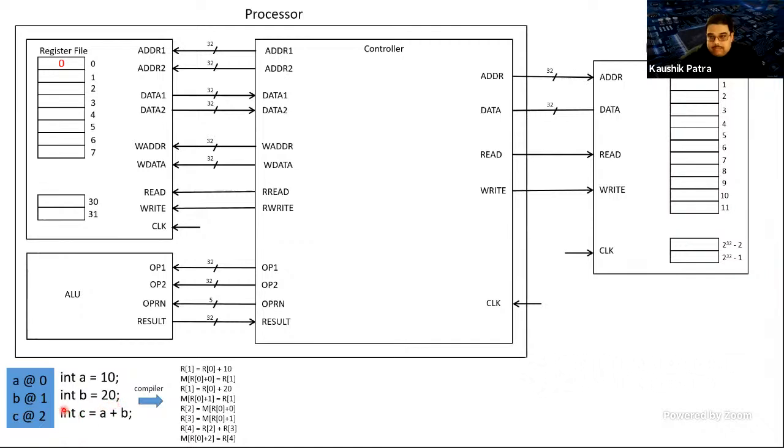In this example, we assume the compiler assigned address 0, address 1, and address 2 for the corresponding variables A, B, and C. That's number one.